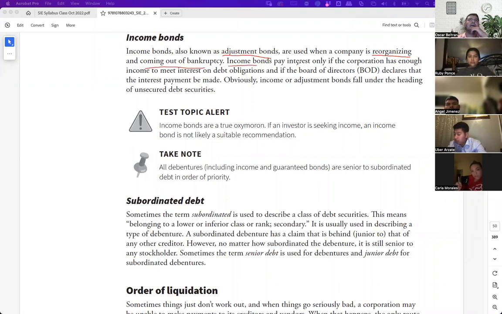Income bonds pay interest only if the corporation has enough income to meet its interest debt obligations and if the board of directors declares they can make those payments. So with income bonds, if you meet a client who is looking for income every quarter or every month, this will not be the right investment for them. And why is that? Why wouldn't it be the right investment for them?